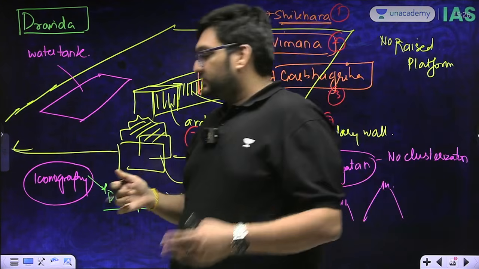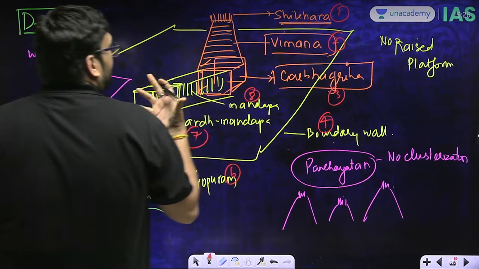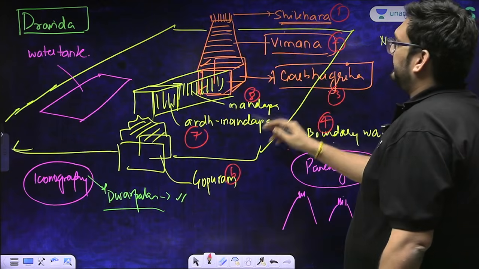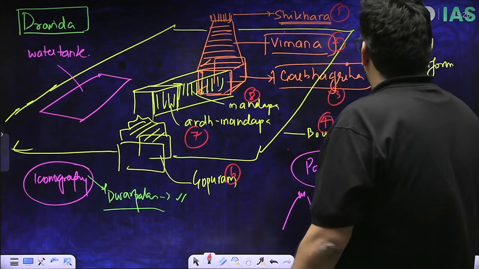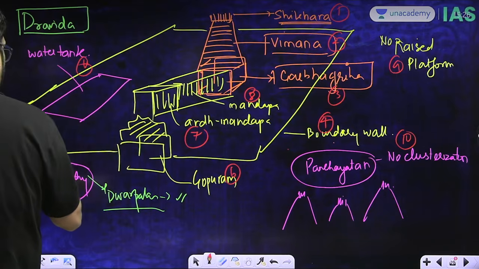So Dravida, as you can see, is much more diverse and, you can say, not that distinct, but has a lot of distinct features. 7, 8, 9, then you have 10, then you have 11, and then you have 12.